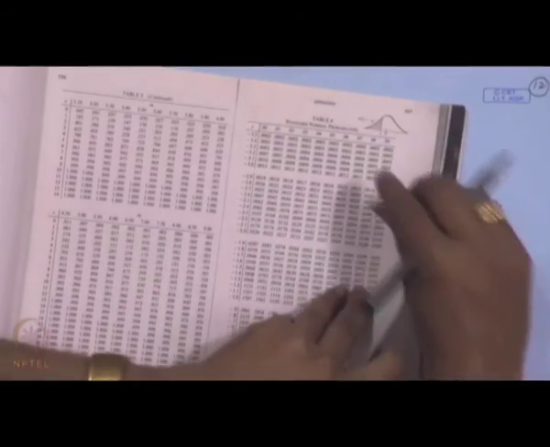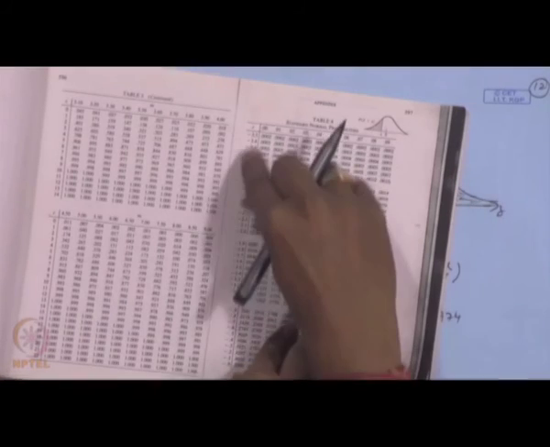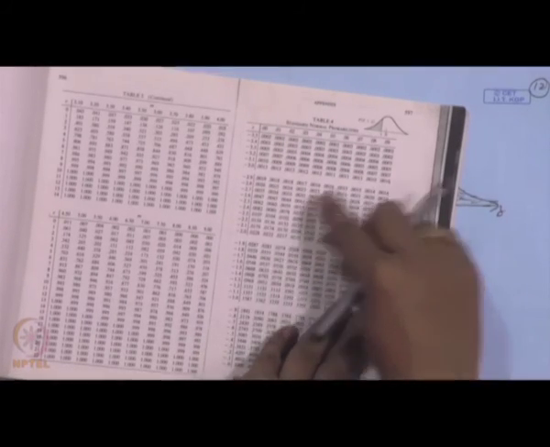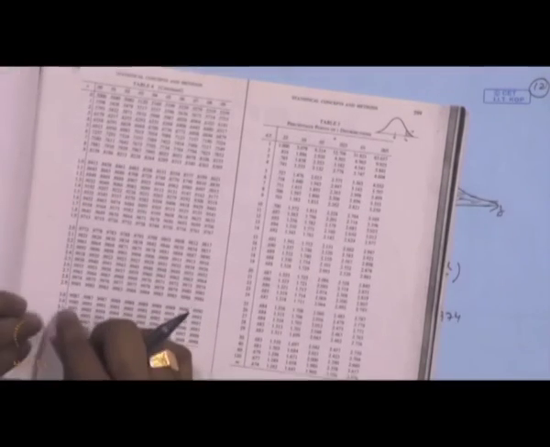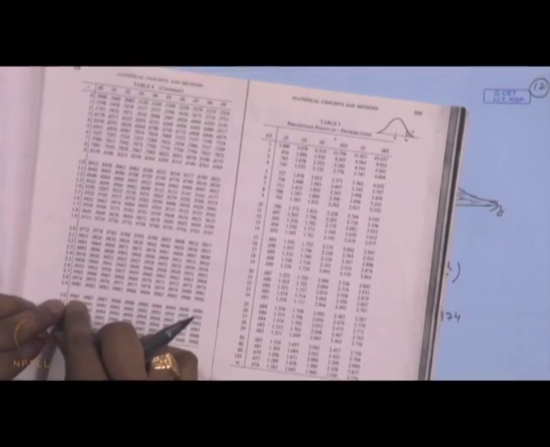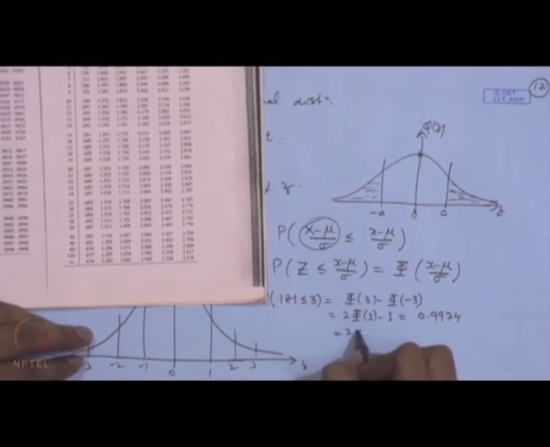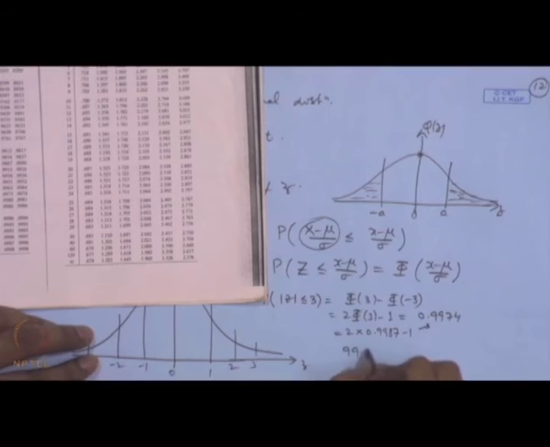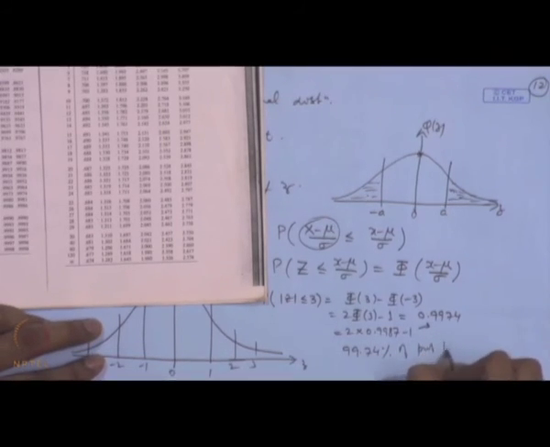On this side they are showing z and on this side phi z is tabulated. So, corresponding to 3, the value is 0.9987. So, twice 0.9987 minus 1 is equal to 0.9974. That means 99.74% of probability lies between minus 3 to 3.